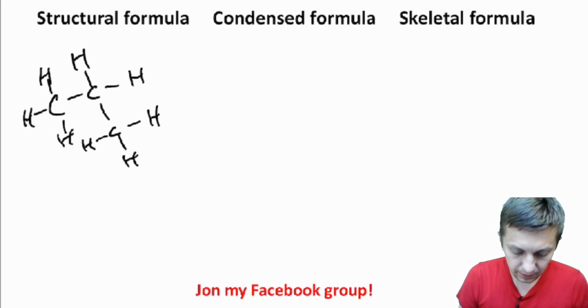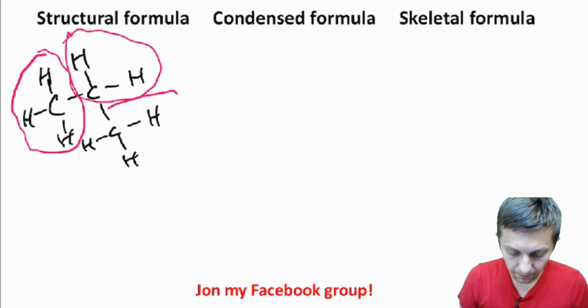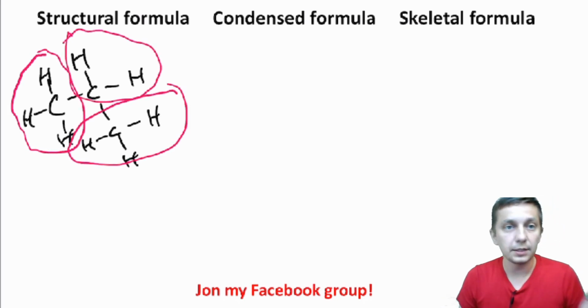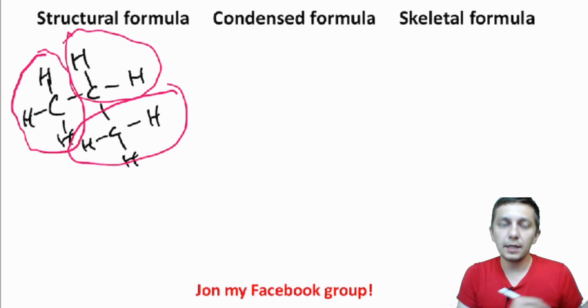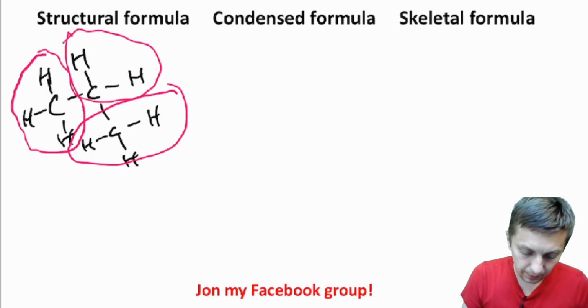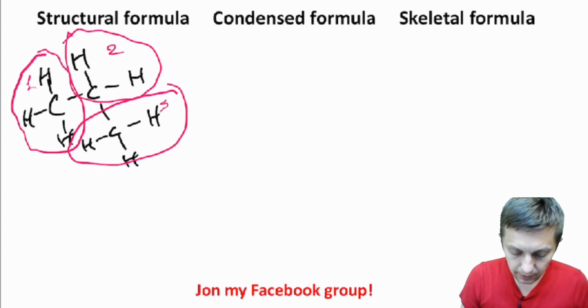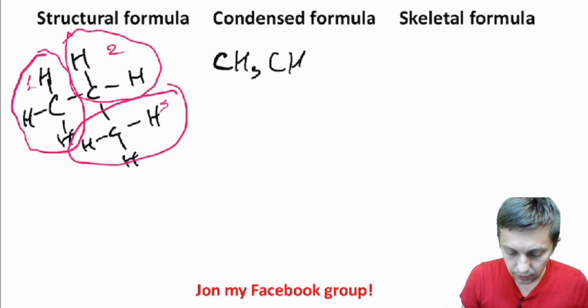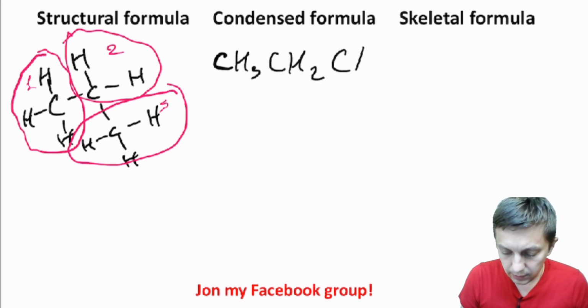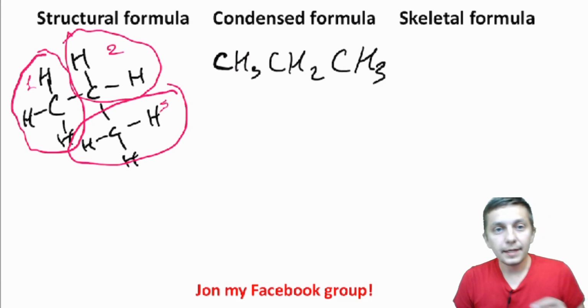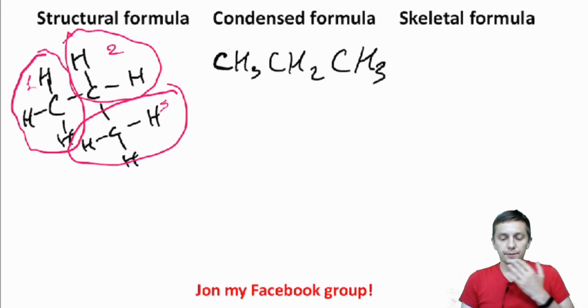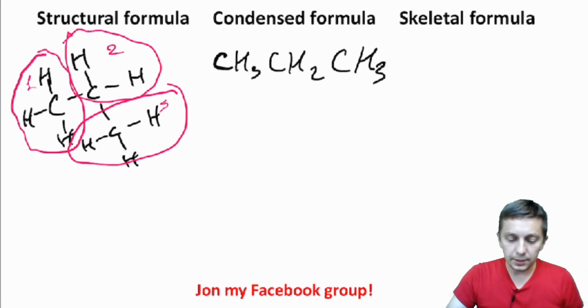If we split these molecules into 1, 2, 3 fragments, we can create a condensed formula. If we number these fragments as fragment 1, fragment 2, and fragment 3, we will get CH3, CH2, CH3. In the skeletal formula, we have a more compressed way.